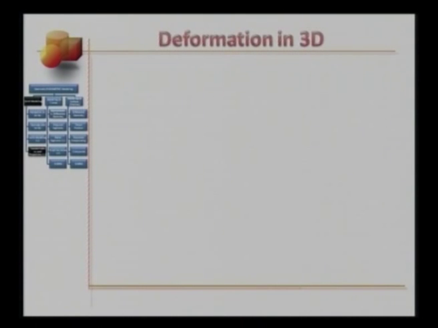Deformation in 3 dimensions. First, scaling. The scaling matrix S looks like this. The scale factors mu x, mu y, and mu z are in the positions 1, 1, 2, 2, and 3, 3 on the principal diagonal.